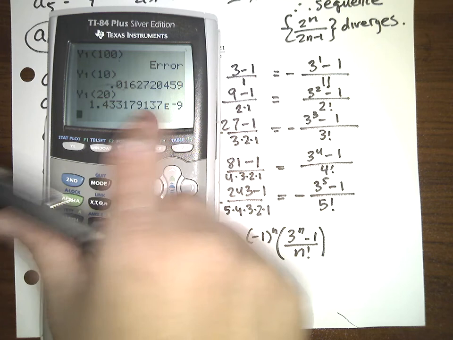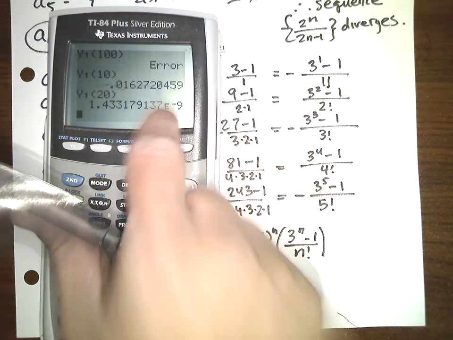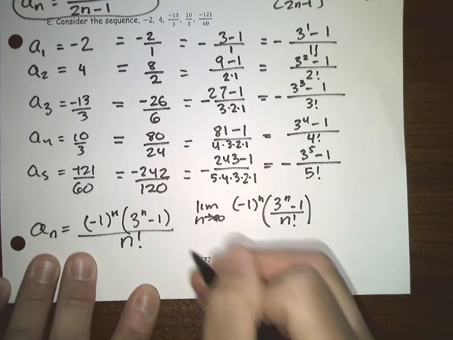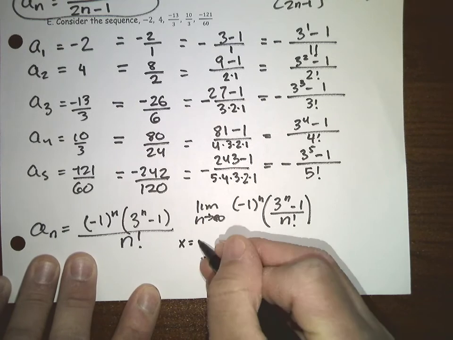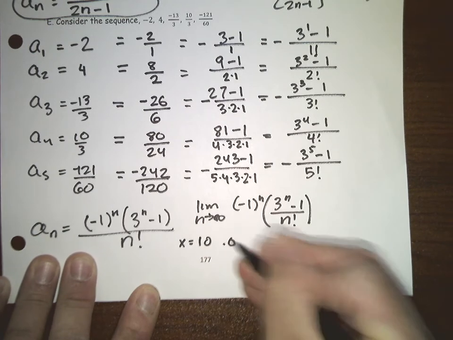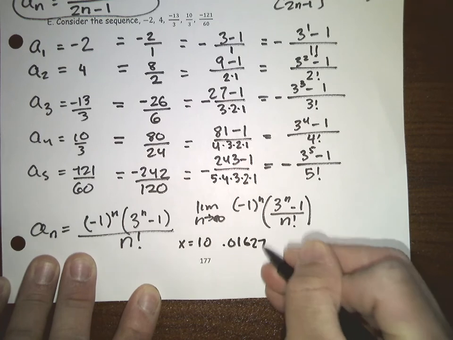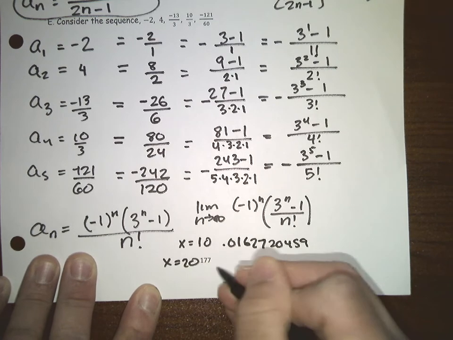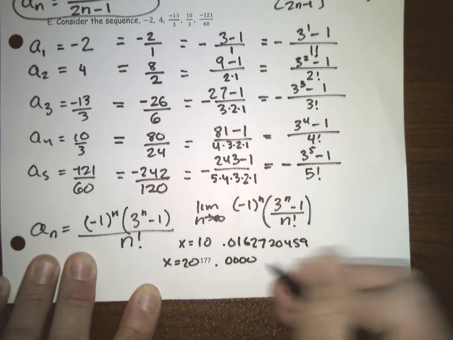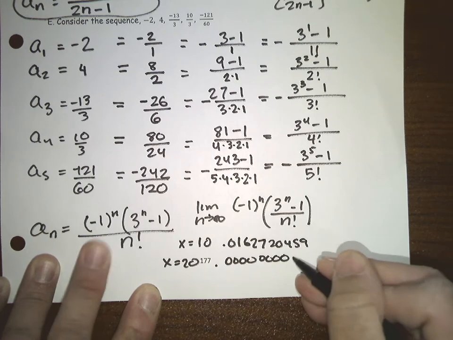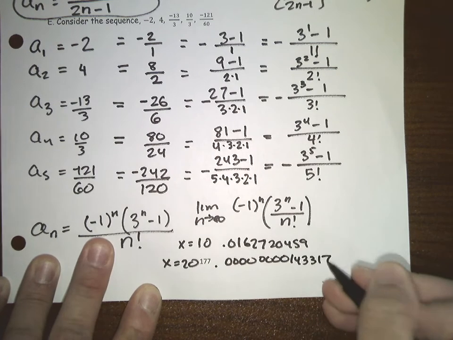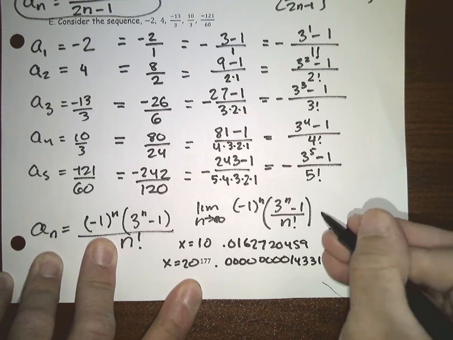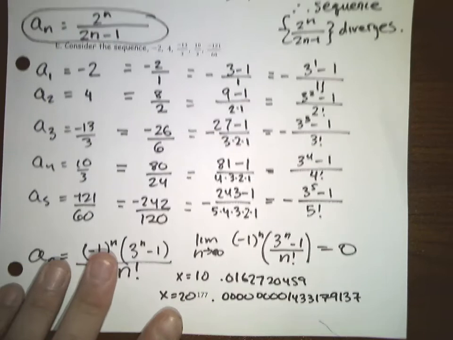Do you see already at 20 you get a number that's really close to 0. When x was 10, we get 0.016272045, and when x was 20, we had 0.00000001433179137. So I think I'm safe to say that this is going to be 0.